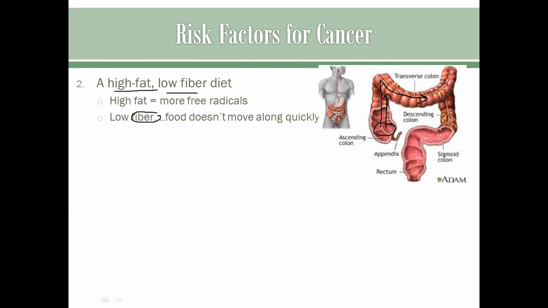Now, why is that a problem? Who cares? Well, inside the large intestine where that waste product is moving through, there are cells. And it's waste for a reason. Your body can't use it. Sometimes it's a dangerous product, sometimes your body just can't use it. But if you have waste sitting in one area for a long period of time, the cells around that waste can be damaged.